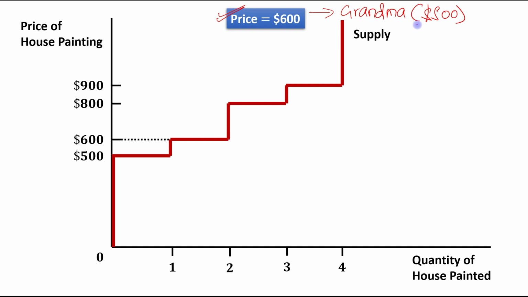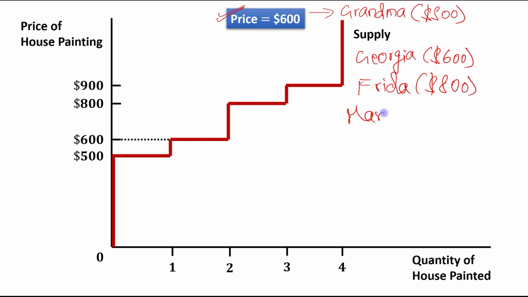The remaining sellers will refuse to sell their painting services, because if we see their cost, Georgia has a cost of $600, Frida has a cost of $800, and Mary has a cost of $900, if I'm not wrong.